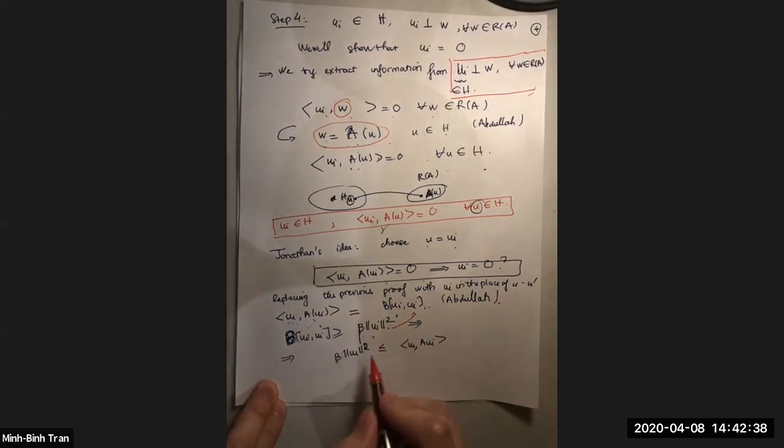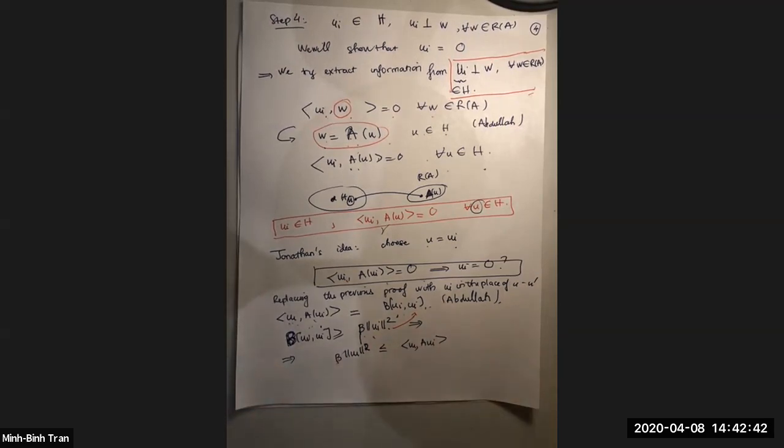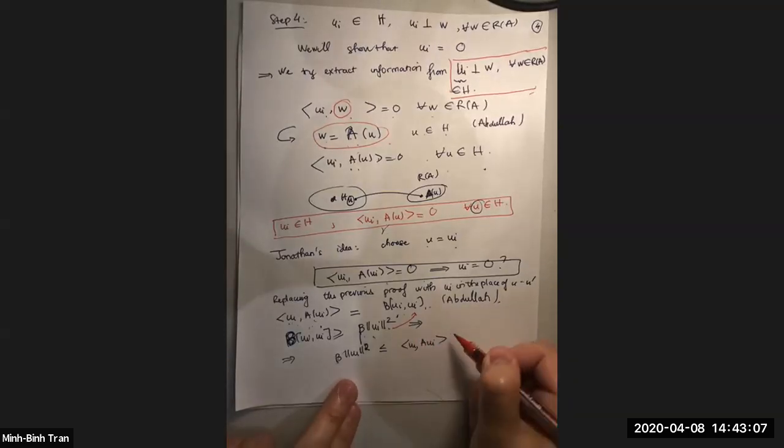So now you have beta ||u_i||^2 is smaller than ⟨u_i, Au_i⟩. So what can you deduce? What can you say from this identity? I mean, the left side is non-positive. Right. So yes, Abdullah got it correctly.